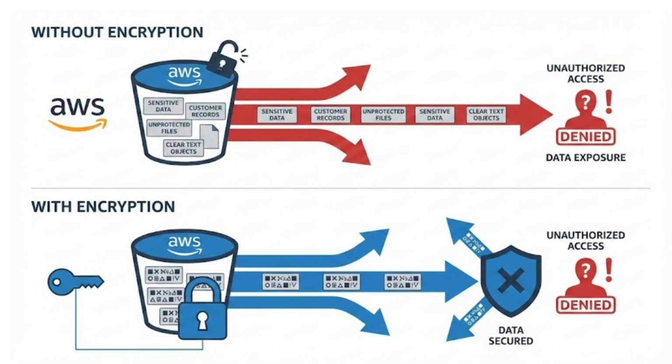The data is secure. Now, how do you enable this encryption on your files or objects? This is done with the help of a service called Key Management Service, known as AWS KMS.